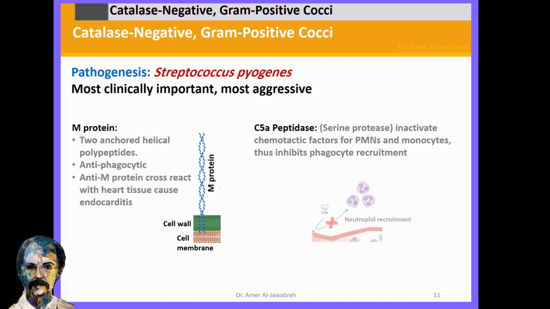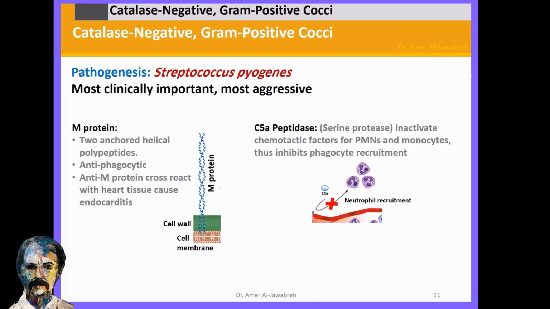C5a peptidase. Peptidase means it's an enzyme. It inactivates chemotactic factors. If you look here, this is the infection caused by strep group A, and then the body calls for help, which is neutrophils, to come from all over your body to the site of infection to fight the bacteria there. What does this C5a peptidase do?